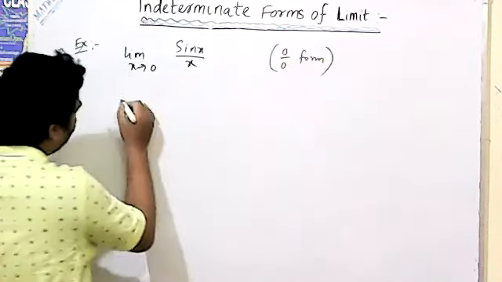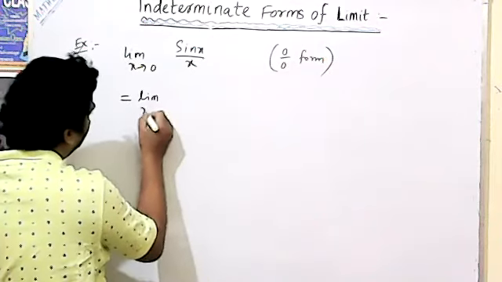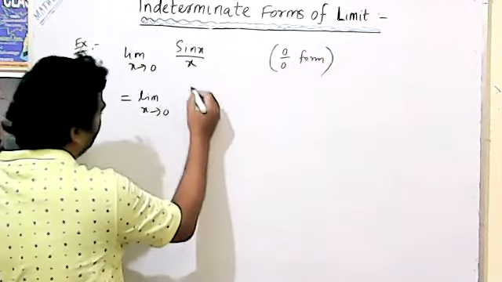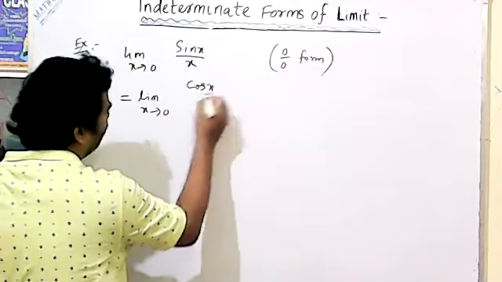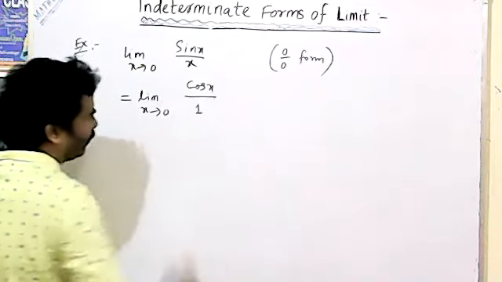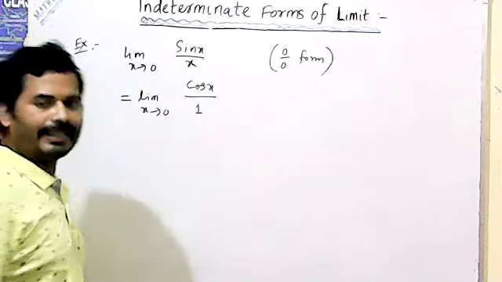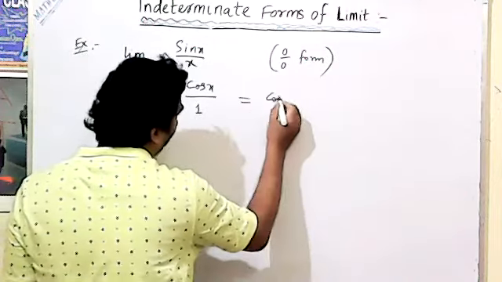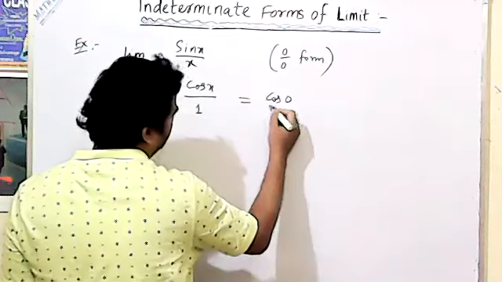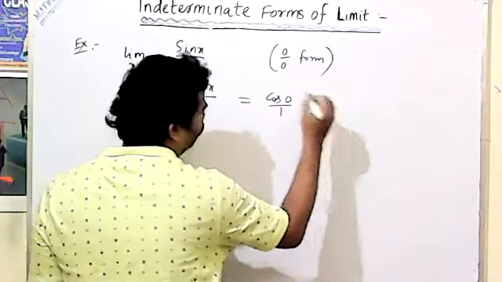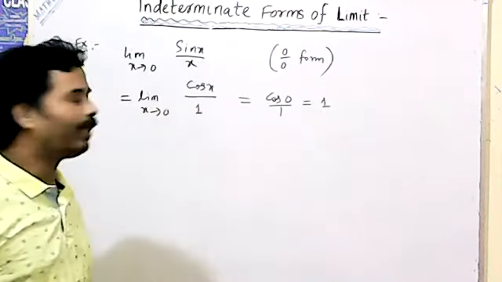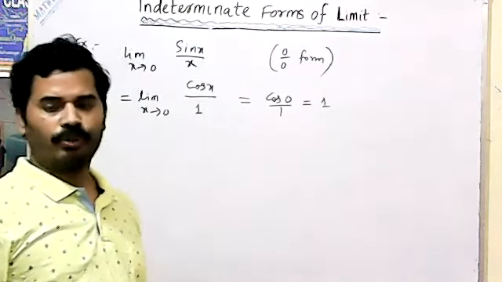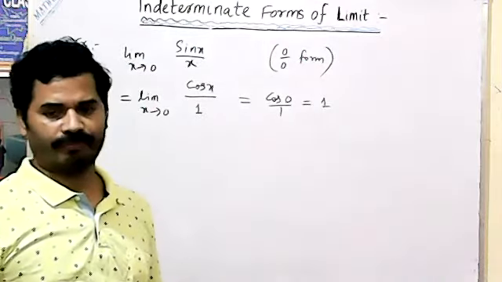So you have to apply it: limit x tends to 0, the derivative of sin x is cos x and the derivative of x is 1. Now you put the x value. After putting the x value, it comes cos 0 divided by 1, and cos 0 is equal to 1. That means a 0 by 0 form does not come, so you stop now.